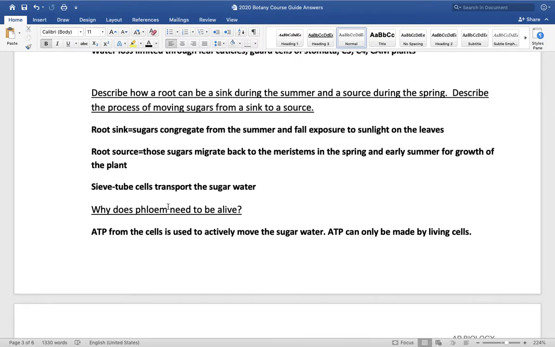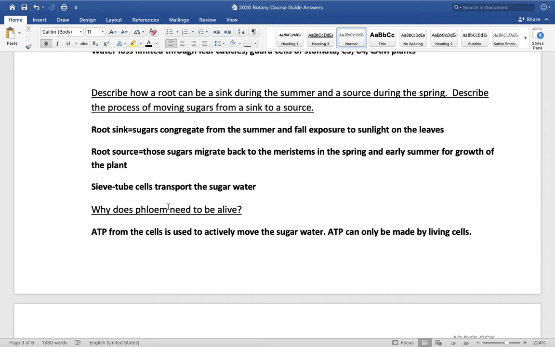Describe how a root can be a sink during the summer and a source during the spring. Describe the process of moving sugars from a sink to a source. So, when can the root be a sink? That's in the summer and fall, when all the sugars are made during photosynthesis in the leaves from the sunlight and during the Calvin cycle. So that's when sugars would start to move towards the roots.